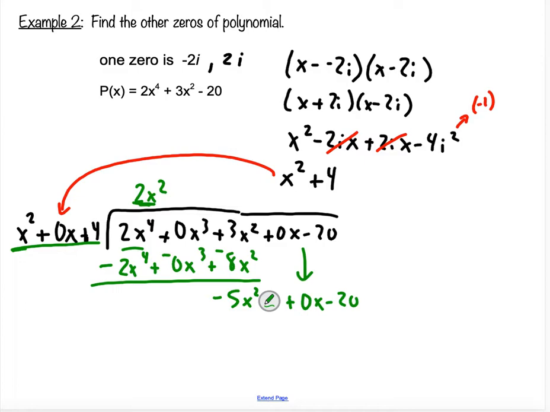So we can think, x squared times what gives us a negative 5x squared, and that'd be a minus 5. Distribute that through this trinomial over here. Change your signs and add them together.